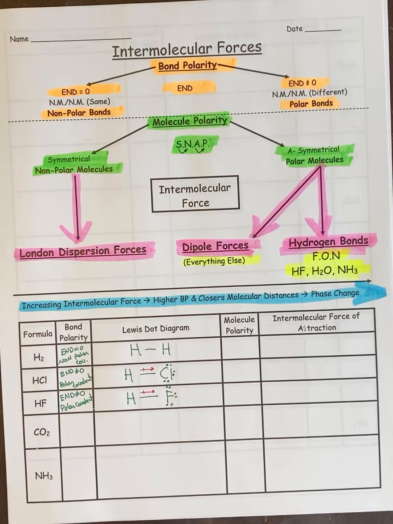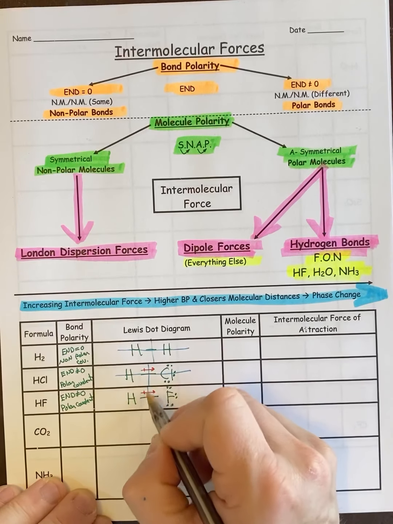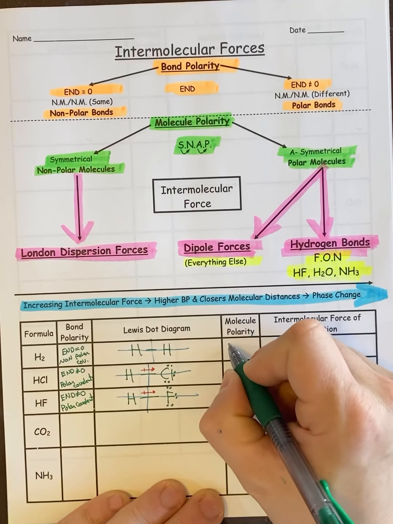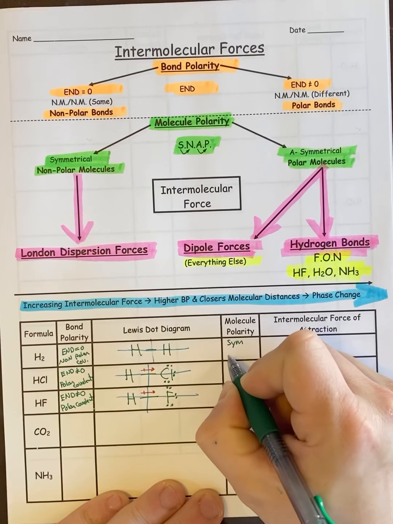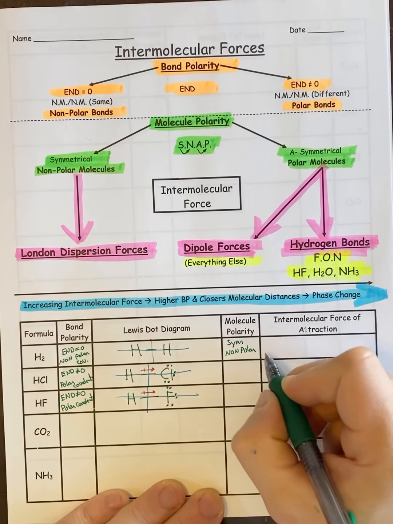And now let's talk about molecule polarity. For molecule polarity, you have to draw two lines of symmetry. So for the first one, it is symmetrical, nonpolar.